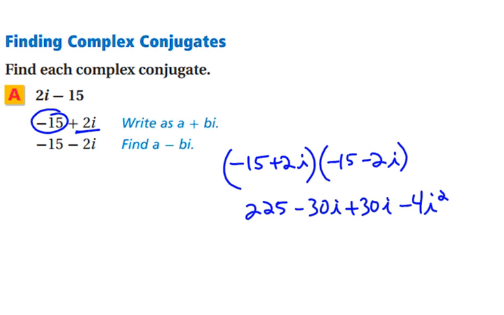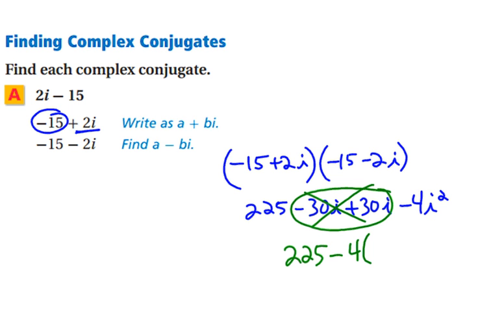Now, 30i and negative 30i are gone. So now we have 225 minus 4. Remember we said i squared is equal to negative 1. So this is 225 plus 4, which is 229.